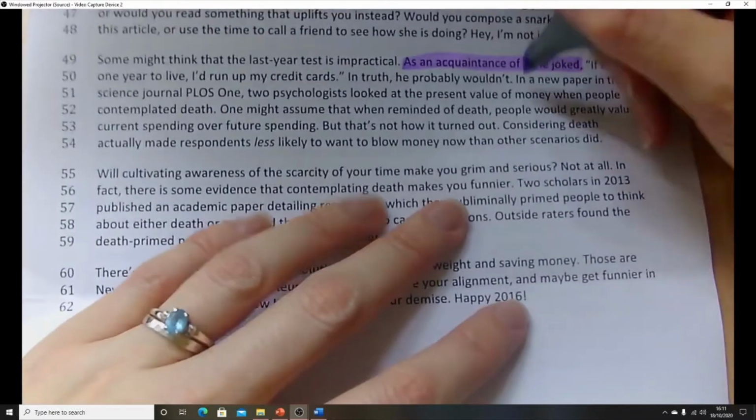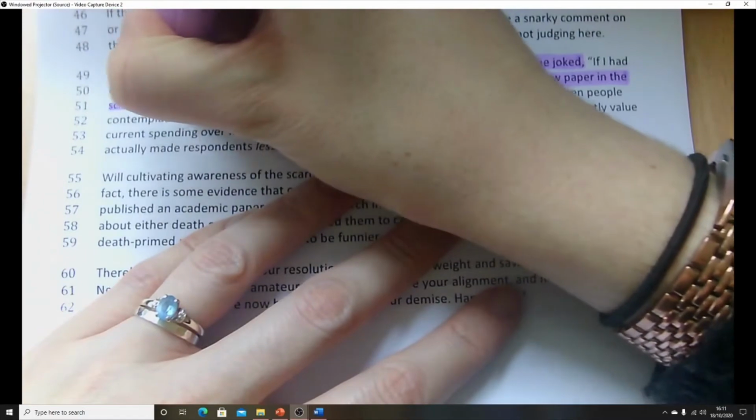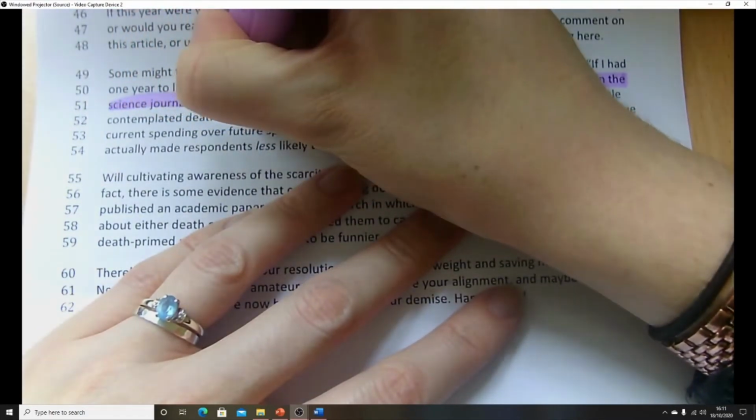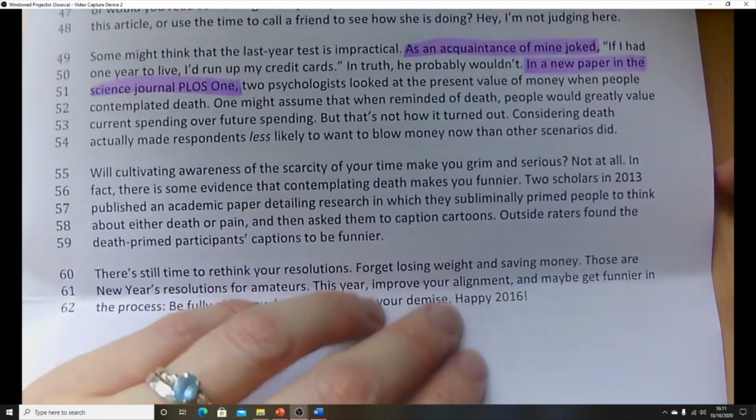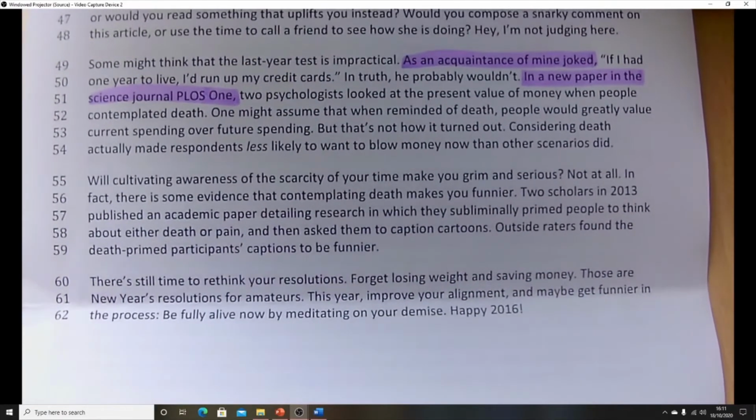And again, we've got research here in a new paper in the science journal PLOS ONE. Two psychologists looked at the present value of money when people contemplated death. One might assume that when reminded of death, people would greatly value current spending over future spending. But that's not how it turned out. Considering death actually made respondents less likely to want to blow money now than other scenarios did.